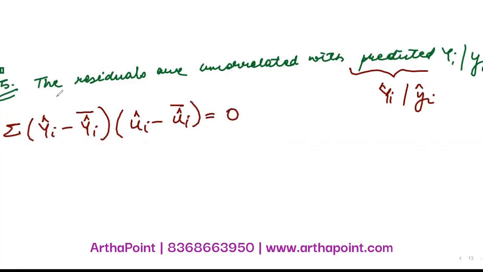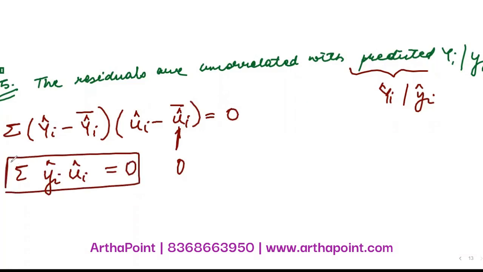This is what I have to prove. Now I know that the mean of the error term is 0. So I can directly write 0 here. So it would be summation small yi hat ui hat is equal to 0. This is what I have to prove.